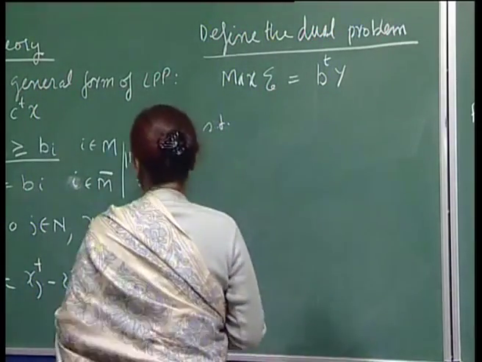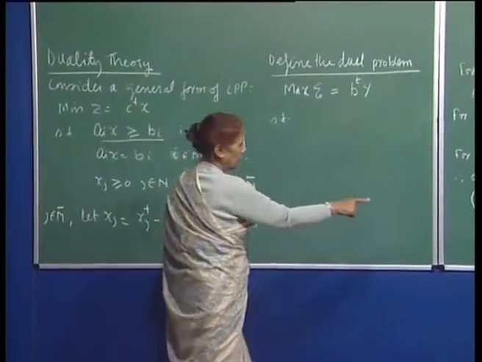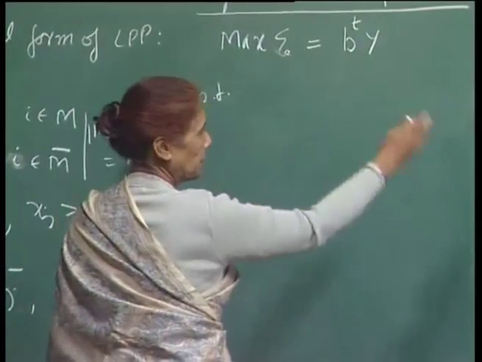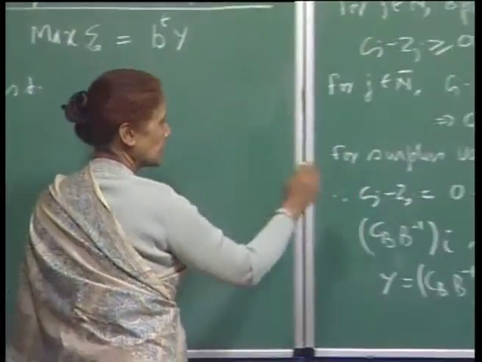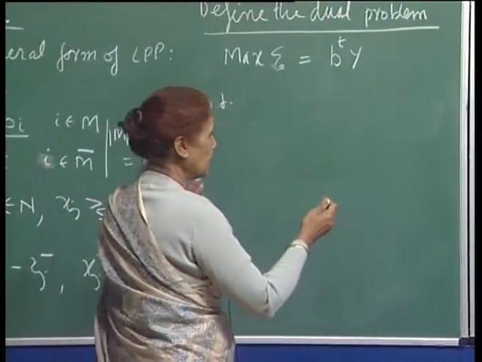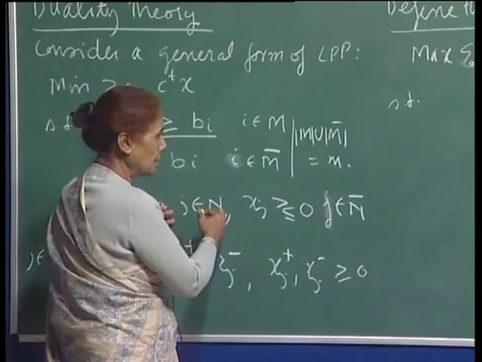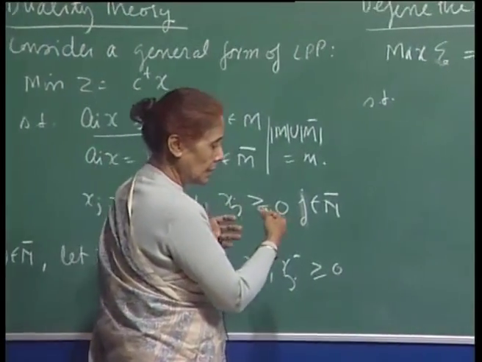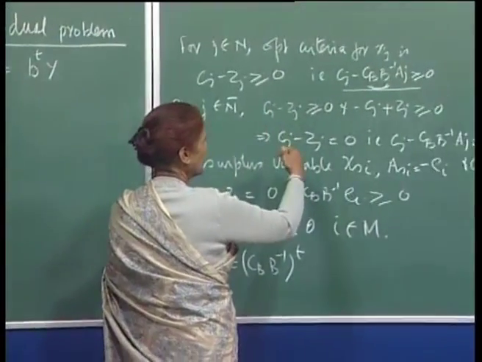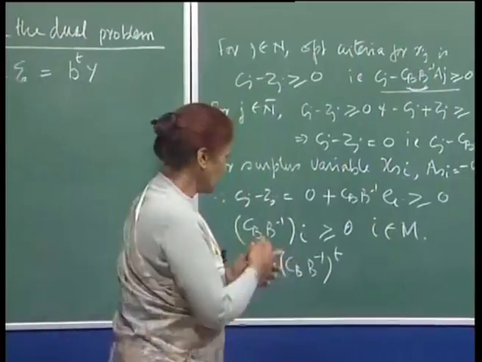And so here this was for i belonging to M, remember. So now I will define the dual problem keeping these optimality conditions in mind, and that is how we will define the dual. If the primal problem is concerned with maintaining feasibility and improving the objective function value, the primary concern of the dual problem will be to satisfy the optimality condition. This is the idea.